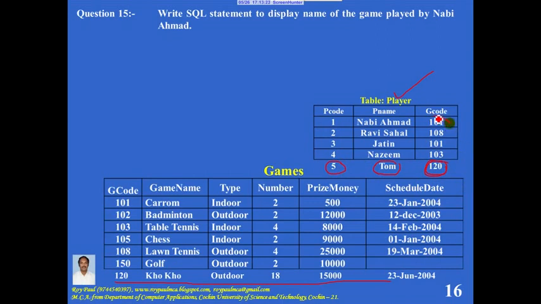In short, these values are always taken from the primary key of the master table. A column whose values are taken from the primary key of the master table is what is known as a foreign key.